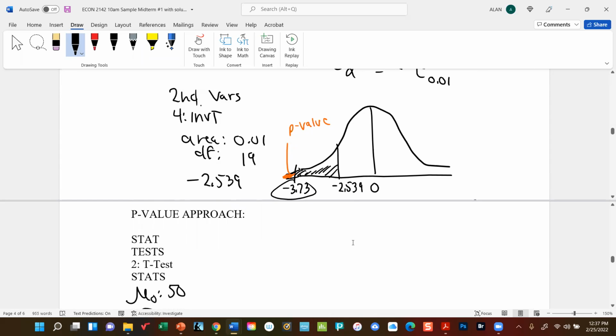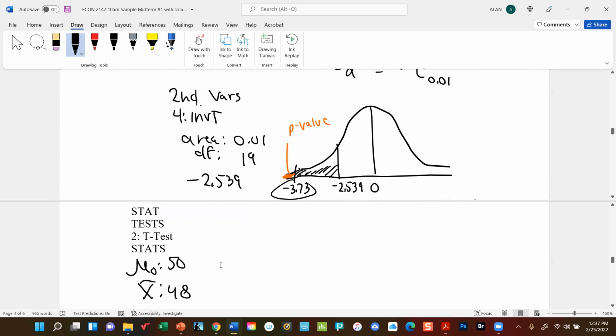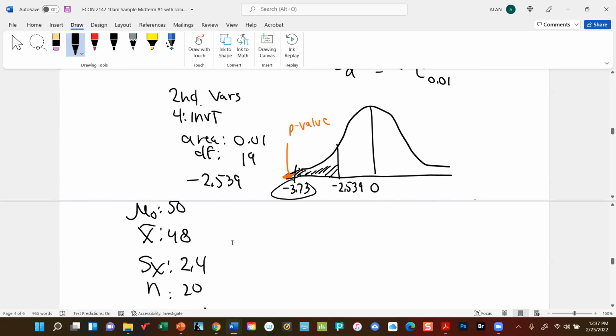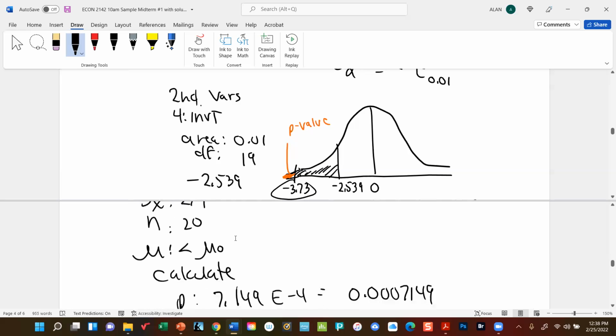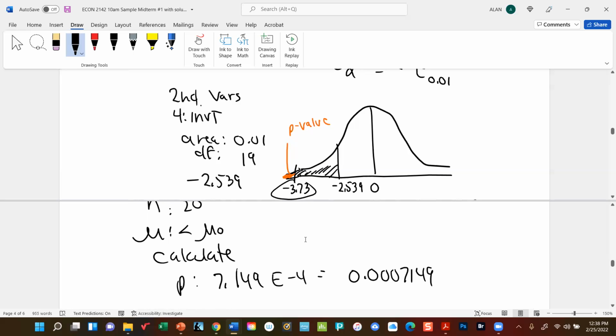For the p-value, you just go ahead and say, all right, STAT TESTS, T-Test. This is a single sample that we're looking at. So go to the stats mode and give it all the numbers that we had. The hypothesized value is 50. The x-bar is 48, Sx is 2.4. Sample size is 20. Make sure it knows that this is a left tail test. And now, just as I said, look at that p-value.